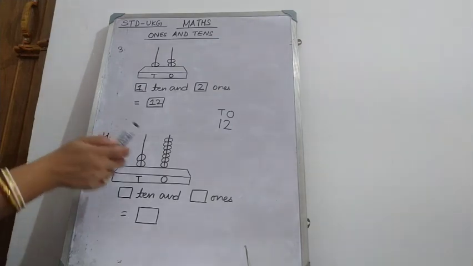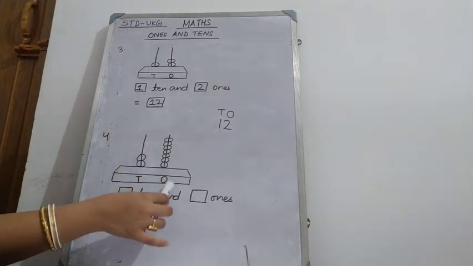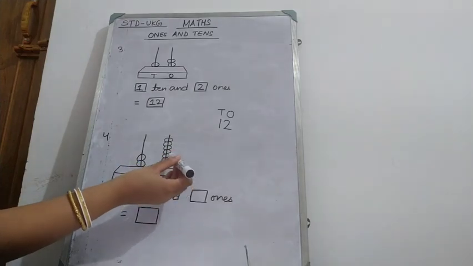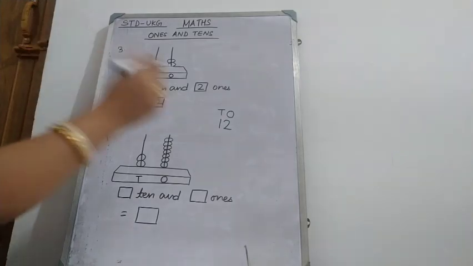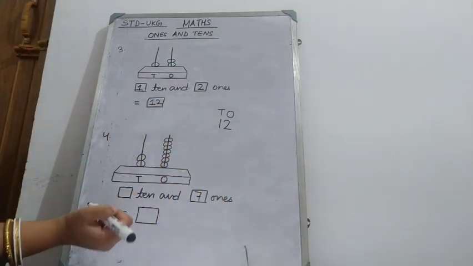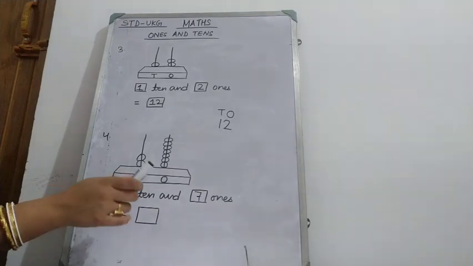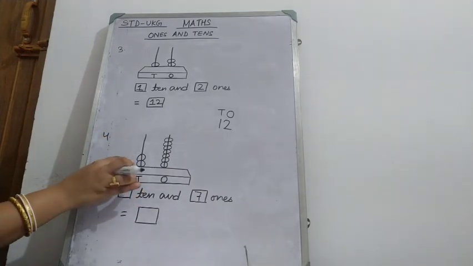See this one, number 4. Ones, tens. This ones line is having 1, 2, 3, 4, 5, 6, 7 beads. So 7 ones. So write 7 ones. Okay? And the tens line is having 2 beads. 1, 2.